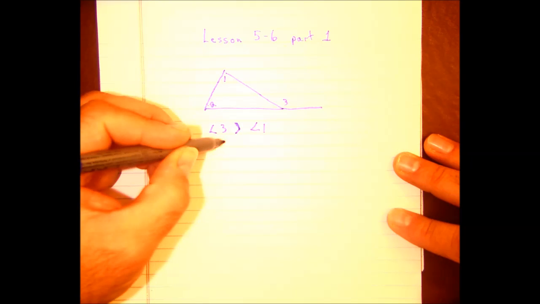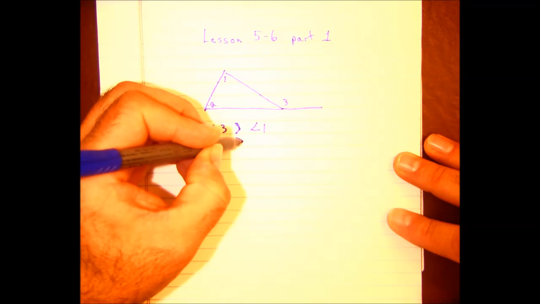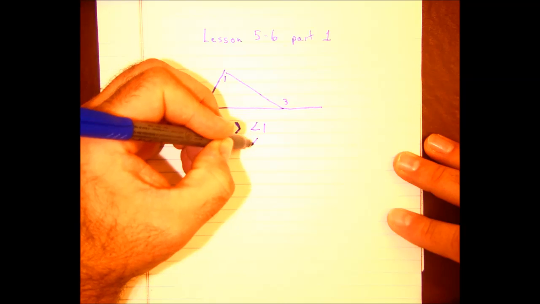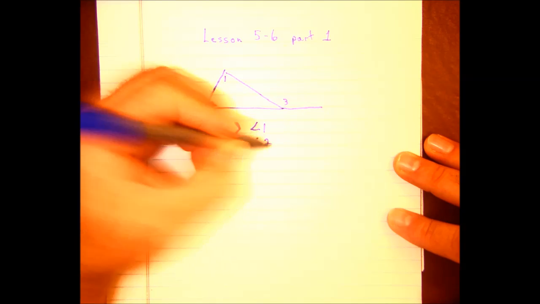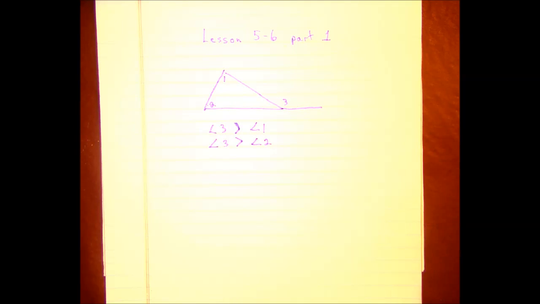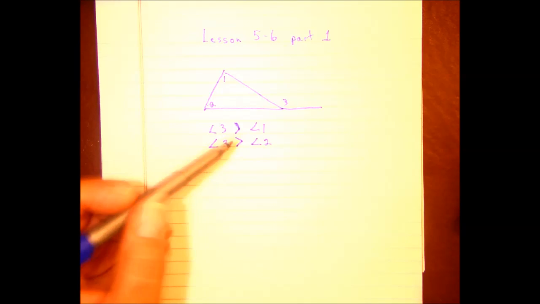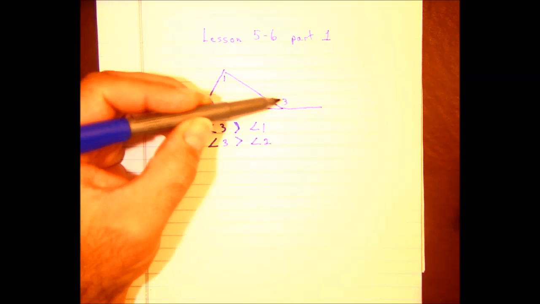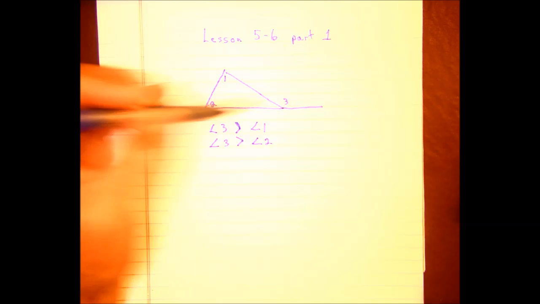Angle 3 is greater than angle 2. So understanding how these angles are related to each other, that 3 is bigger than 1 and 3 is bigger than 2.